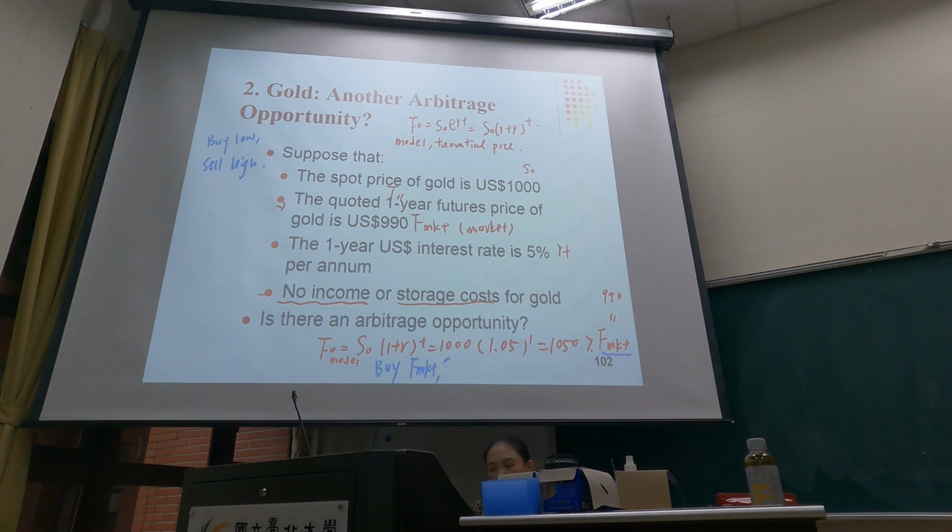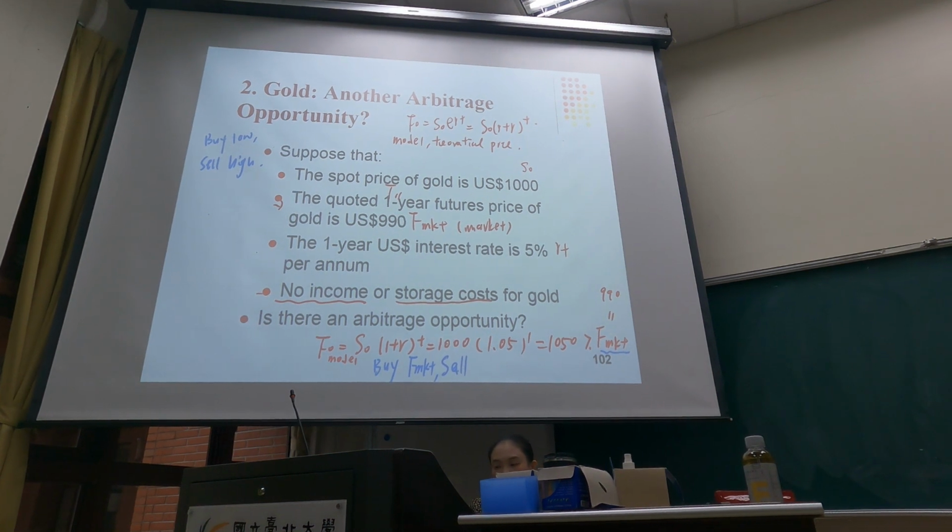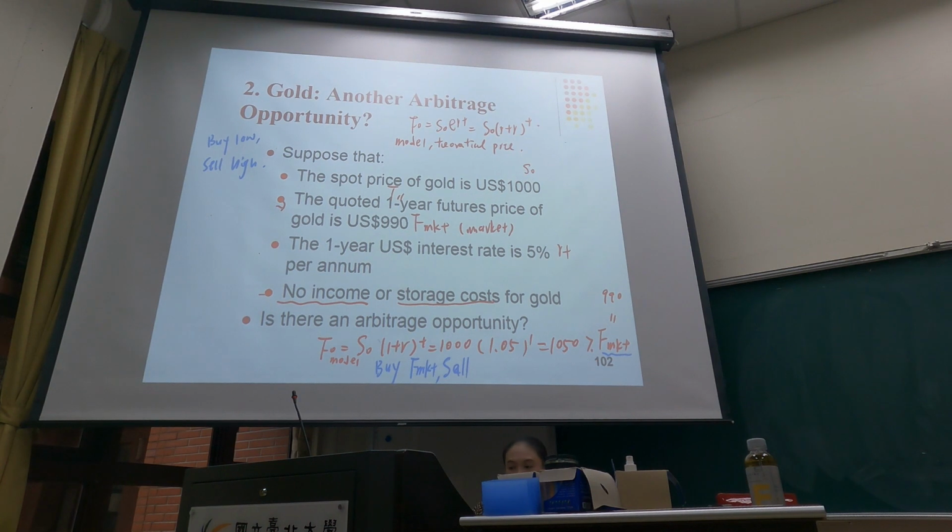But you cannot sell the theoretical model, right? So the only thing you can sell is S0, because it's available in the market, and this is the factor driving up your theoretical price. So sell S0, which is the spot, okay? That's your arbitrage strategy. Remember this principle: after you compute the theoretical prices, then you execute the arbitrage trading, buy low, sell high.